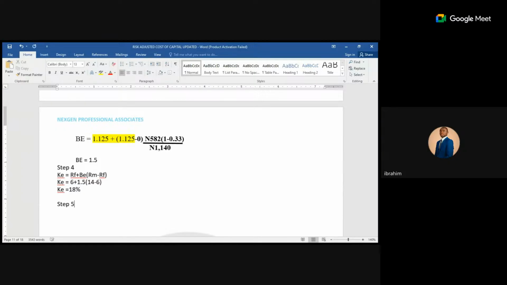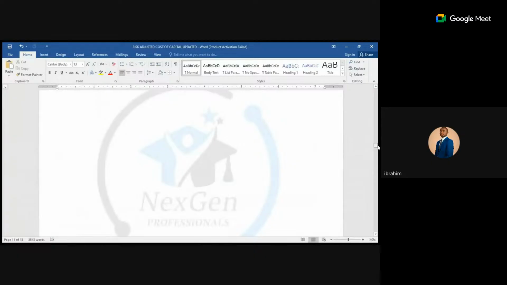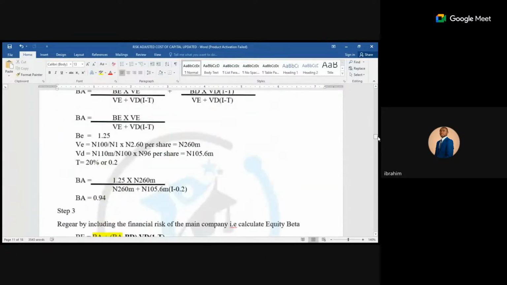Step 5. WACC equals to, let me save my time. I can actually write it, but I want to save time because I'm kind of tired, so that we can move on.